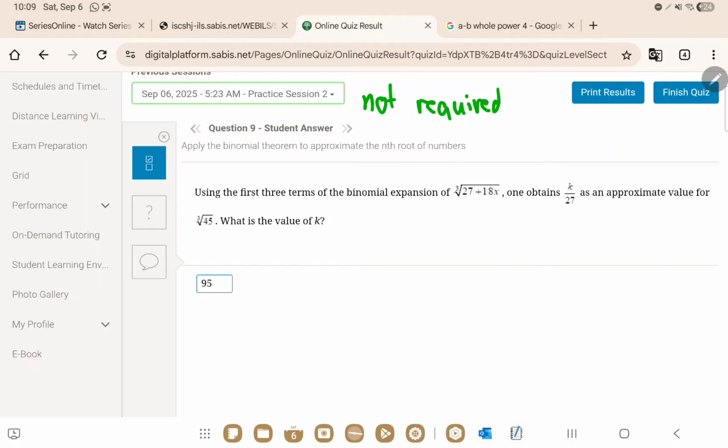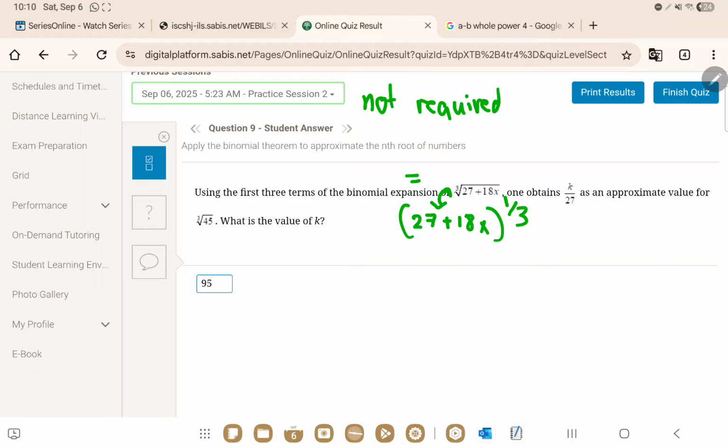Now, when you see an expansion like this, 27 plus 18x under the cube radical, or third root, or third radical, doesn't matter, this entire thing means to the power of 1/3. These two are the same thing.